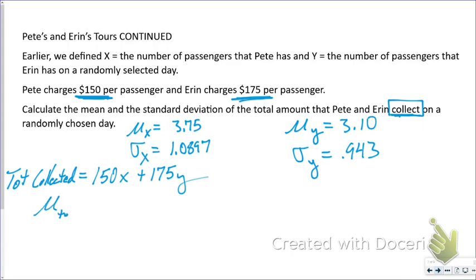All you do is you plug in the mean. Type that into your calculator, and you have the average collected amount for Pete and Aaron combined, which comes out to 1105.